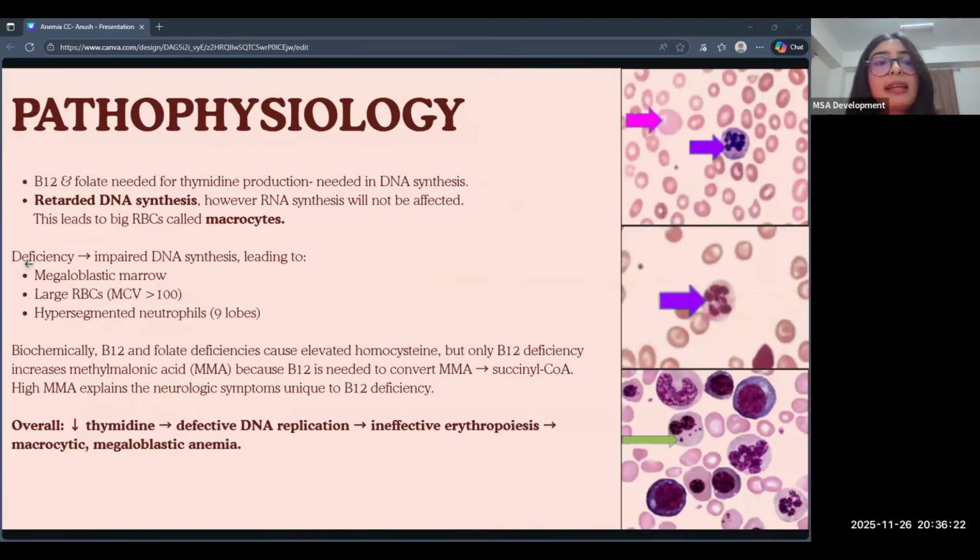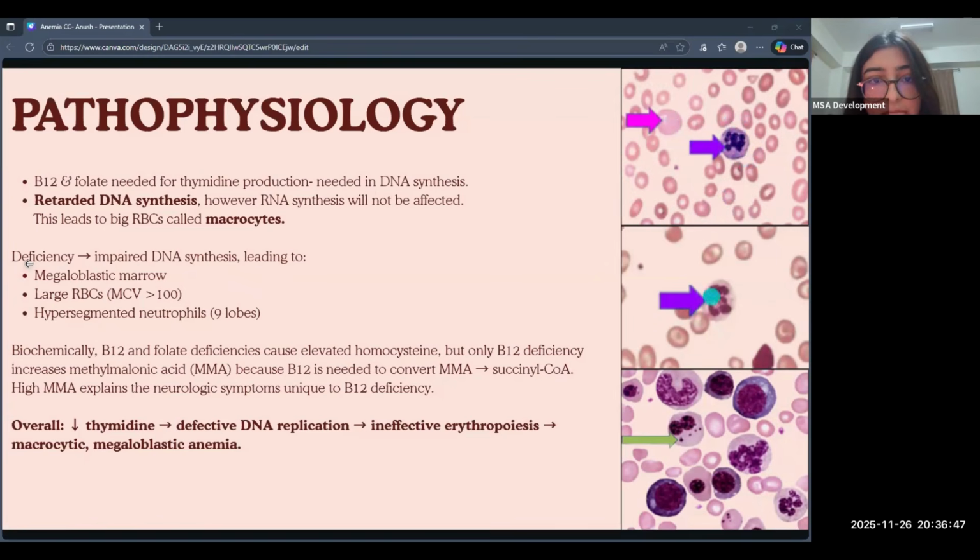Okay, now let's talk about the pathophysiology. So we said B12 and folate are something we need for DNA synthesis. Why? Because they're needed for thymidine production. If we have ineffective DNA synthesis, it will lead to macrocytes, right? So we will have a megaloblastic marrow, we'll have large RBCs, which are macrocytes, and then we'll have hypersegmented neutrophils.